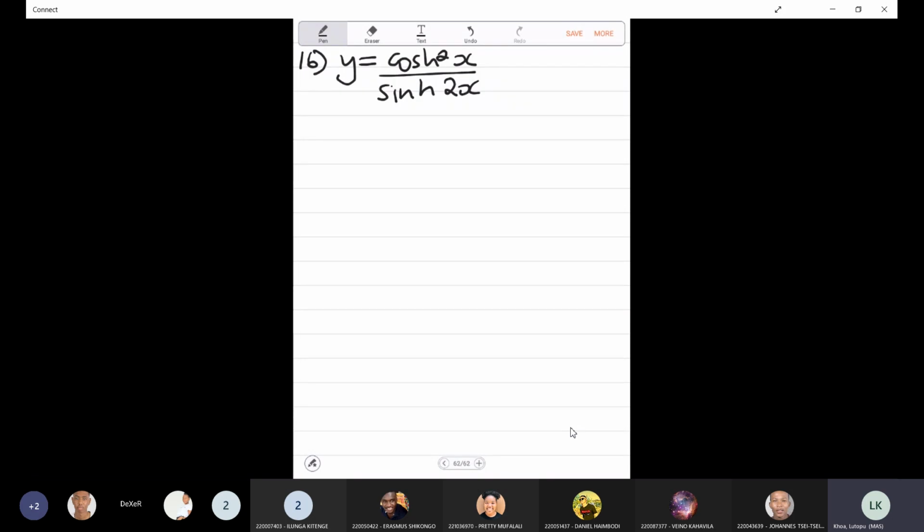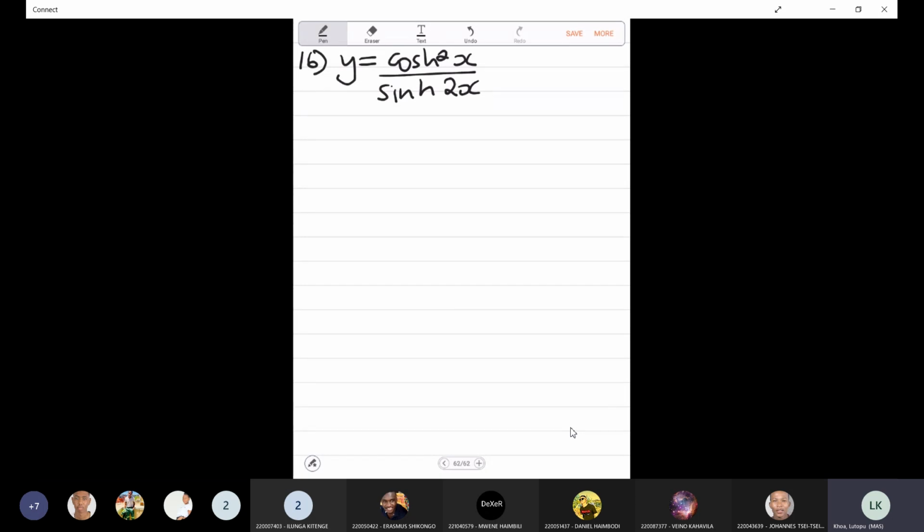You could also try rewriting this. We know that cosh squared is 1 plus sinh squared, and then you can break it up. I don't know if that will be easier, but there's ways you can play around with it if you feel that is easier.